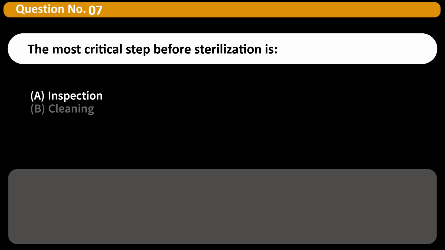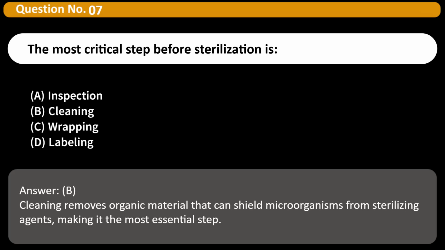The most critical step before sterilization is A. Inspection. B. Cleaning. C. Wrapping. D. Labeling. Answer B. Cleaning removes organic material that can shield microorganisms from sterilizing agents, making it the most essential step.